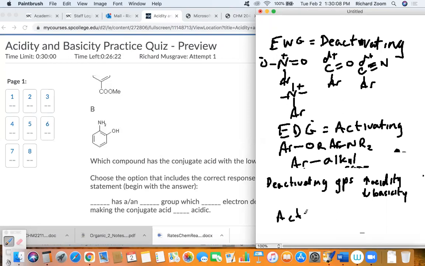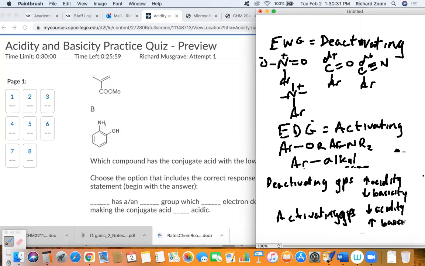Activating groups decrease acidity and increase basicity.